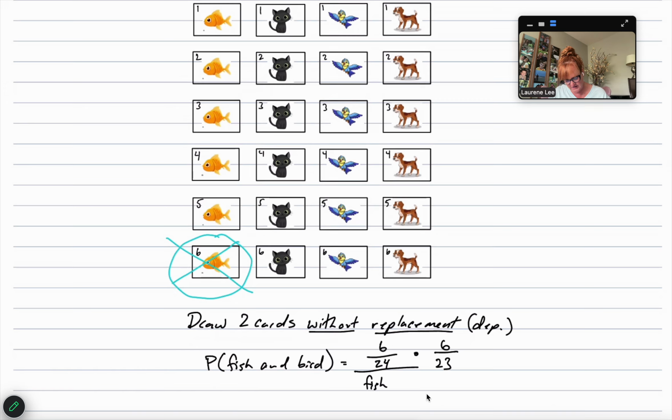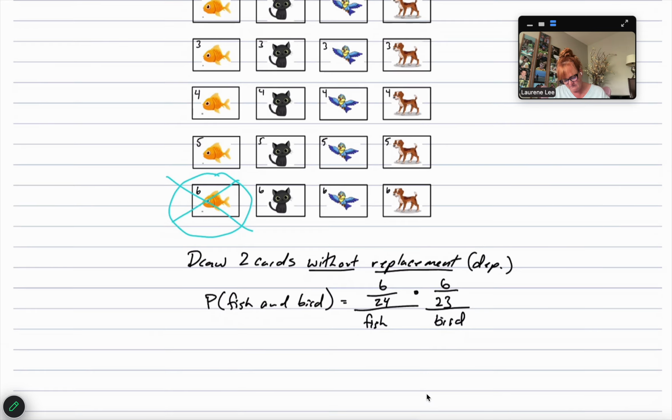And then you multiply those. So the fish probability is 6 out of 24. The bird probability is 6 out of 23. And we're going to multiply those together. This second event right here, this bird, we actually just mechanically calculated the probability of B given A. So given A, what we did was we mechanically crossed out the fish and figured out what this new probability is.